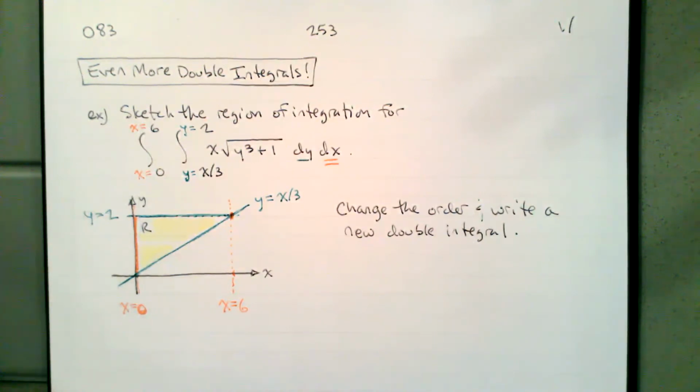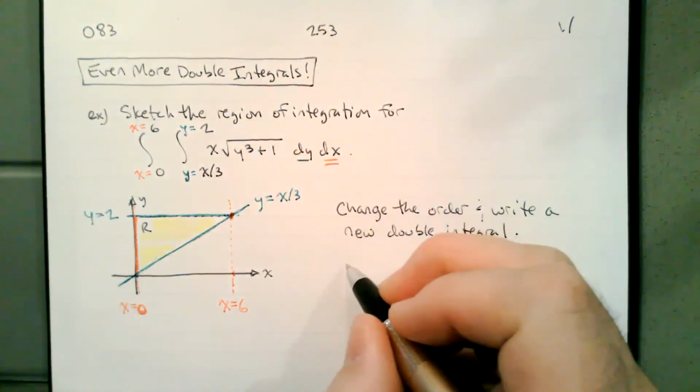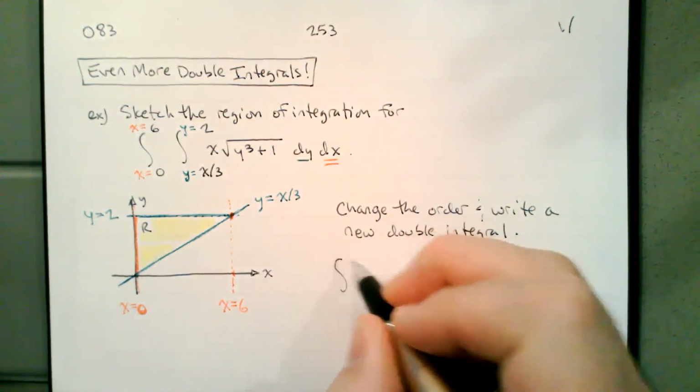So now let's write a double integral. Instead of dy dx, let's write this integral dx dy. So we're going to write a new double integral. We're going to integrate.